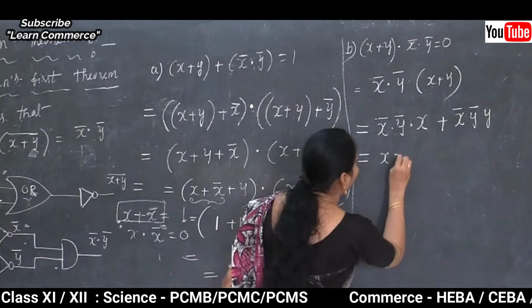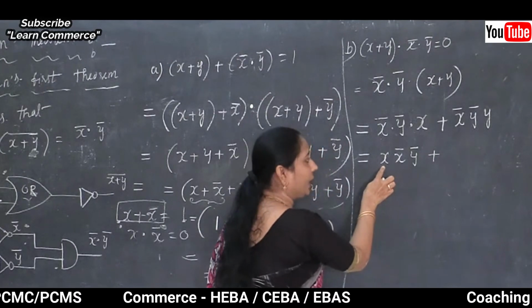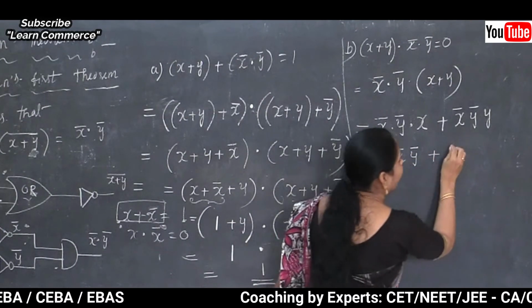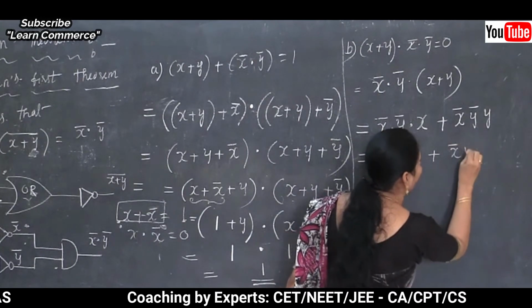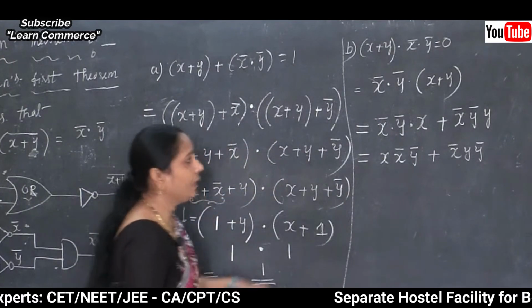So x, complement of x and y. Clear this point here. So I completed x, complement of x and complement of y plus, the next one, complement x, y and complement y. Clear this point here.